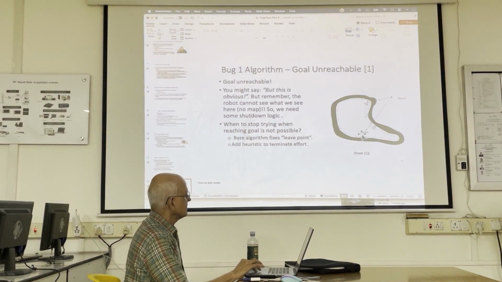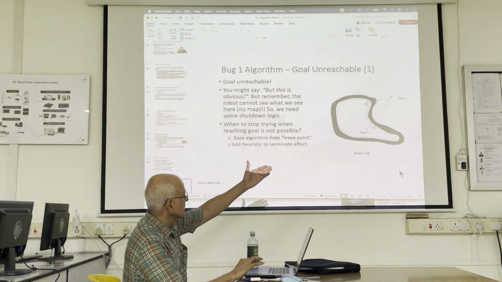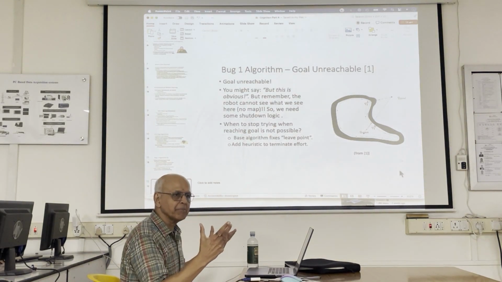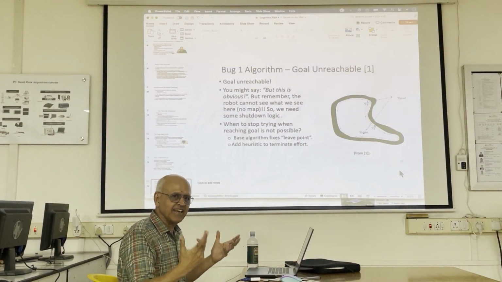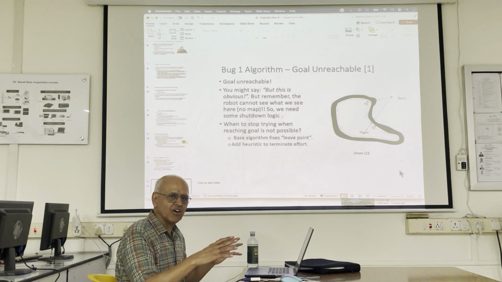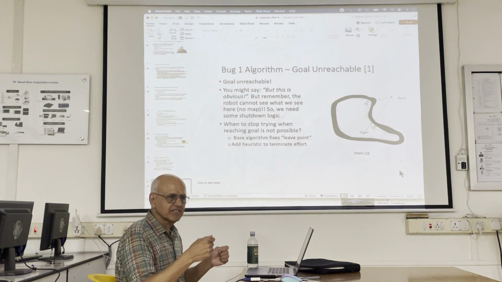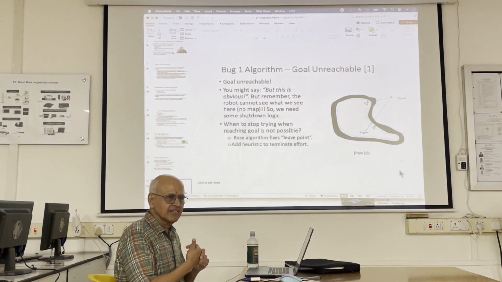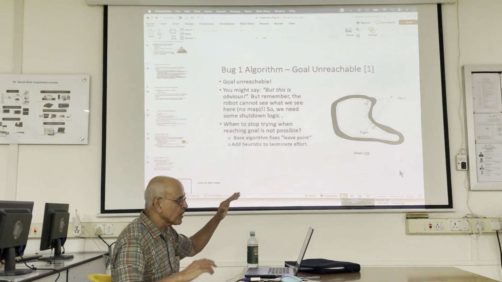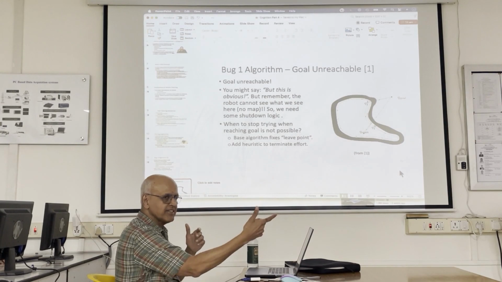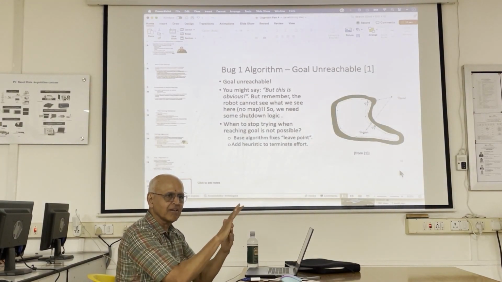Look at this situation. You can't say, hey, it's obvious, you can't make it. No, it doesn't have a map. It does not have a map. So it can't say this can't be solved without trying it. It doesn't see what we see. We see the whole map, right? It can only see, and it can't even see the wall, because remember, it has to touch the wall.